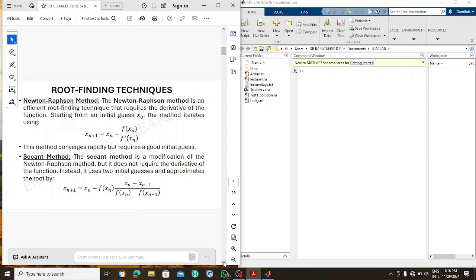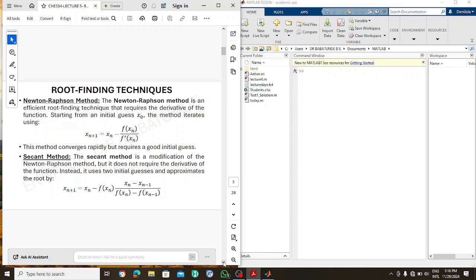Okay, so what does this mean? For the first one, I said we made a guess that we are trying to fine tune. Our guess was xn. But for the second approach, you will need two guesses, because what I'm refining is on the left hand side. So the guesses and the function based on those guesses are on the right hand side. The guesses are xn minus 1 and xn.